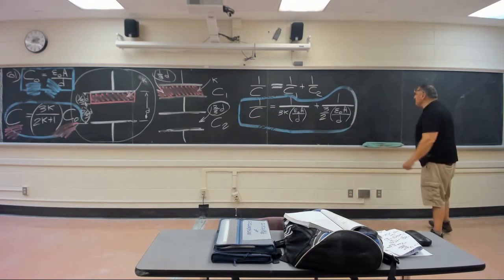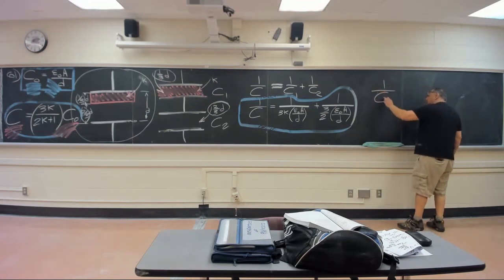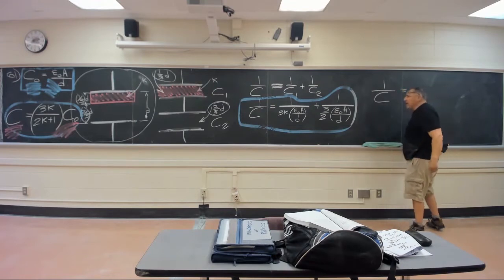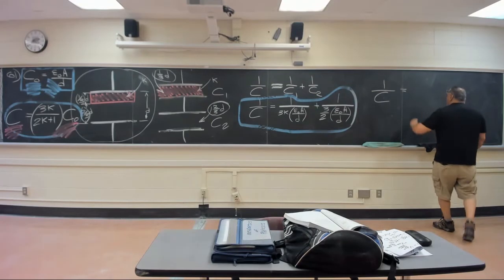What does that mean? Well, that's the end of the road to the C. E naught A over D is the C naught.